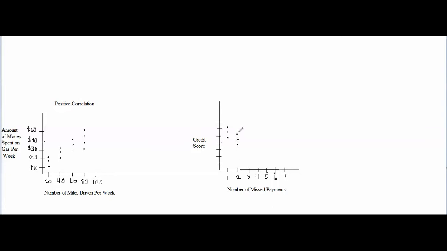So these credit scores aren't as good as these credit scores over here. And if some people tell us they missed 3 payments this year, their credit scores will be at an even lower part of the number line because they'll have even worse credit scores. So the range of credit scores is getting shifted down each time we go up to a higher number of missed payments.